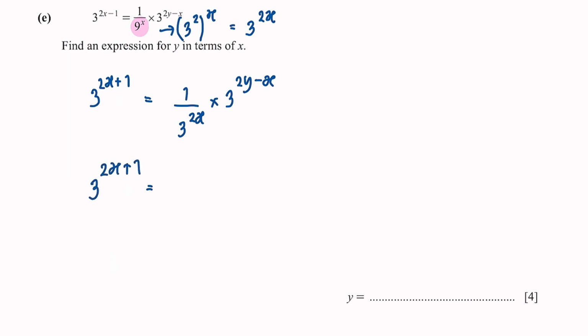And then I want to write this value as 3 power minus 2x, and then multiply with this. And as you can see, this is 3, this is 3, this is 3. Therefore, their powers are equal.